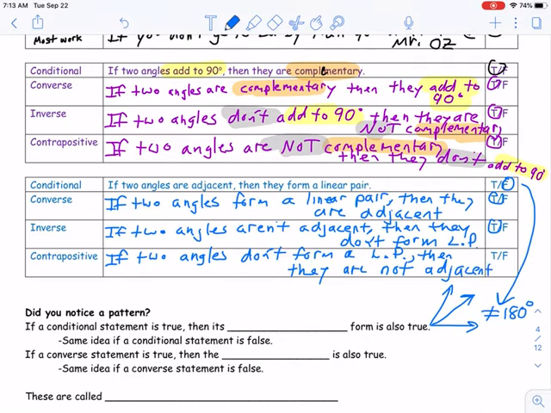All right, so they don't form a linear pair, so they're not adjacent. We can have adjacent angles that aren't linear pairs. That's totally fine. So this one's also false, and it's the same counterexample that we already drew. All right.